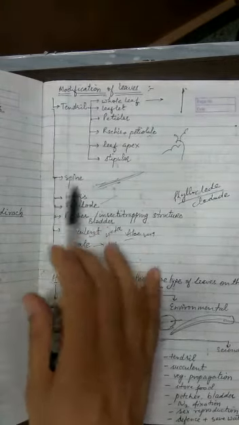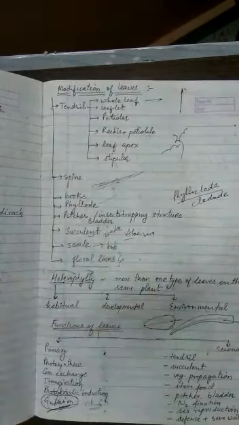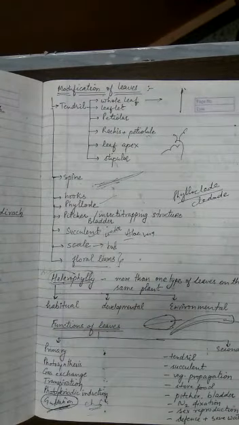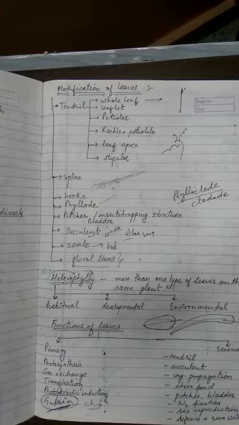We understood in the last class that leaf may even modify into spines, like in the case of xerophytic plants. So it is possible the complete leaf may modify into spine, or maybe some portions of leaf may modify into spine. Like in the case of opuntia or cactus, the complete leaf modifies into spine. But when we talk about prickly poppy, scientific name Argemone mexicana, you will find that the margins and the tip only modify into spines.